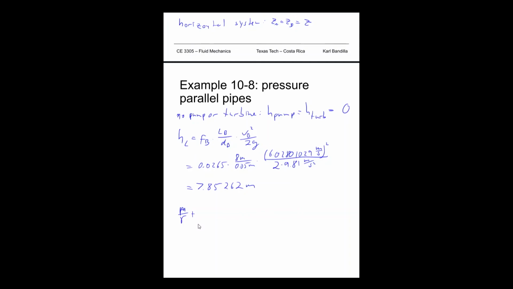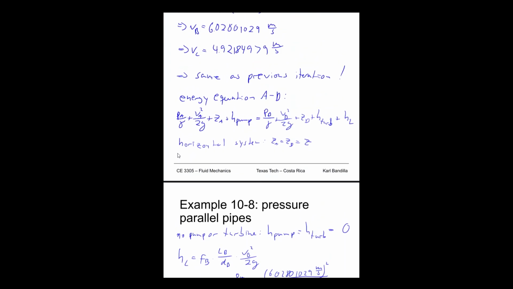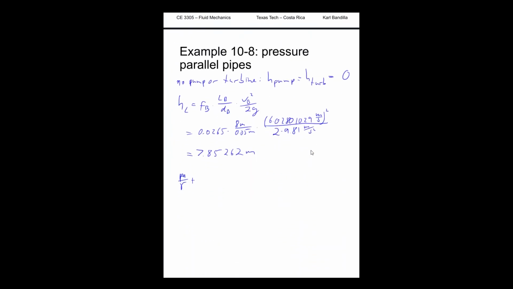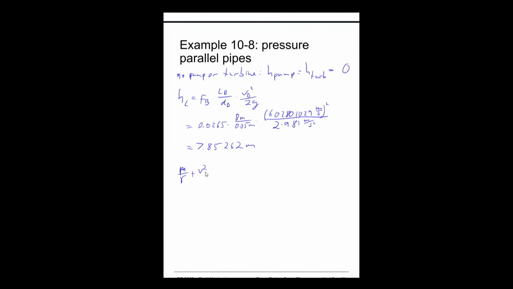We know that the velocity at the beginning and at the end are the same, same diameter at A and D. That means VA is equal to VD, and we'll just call that V. So we have V squared over 2G plus the arbitrary Z, no pump, equal to PD over gamma plus V squared over 2G plus Z plus 0 plus HL.